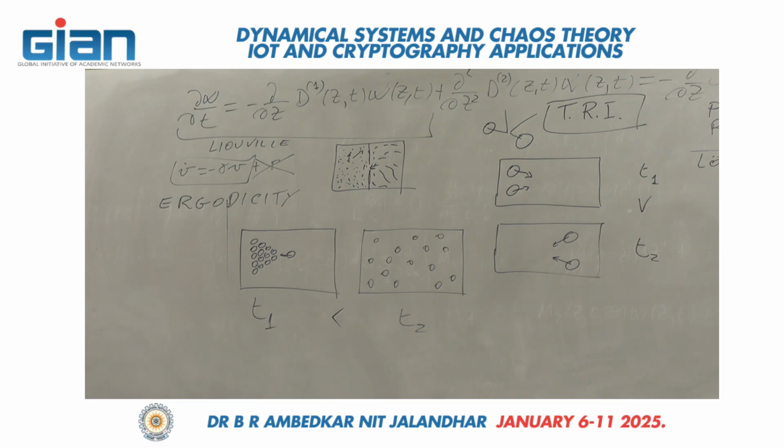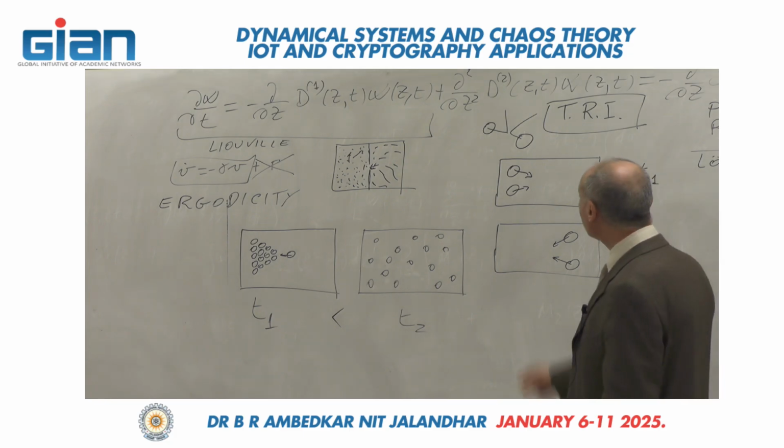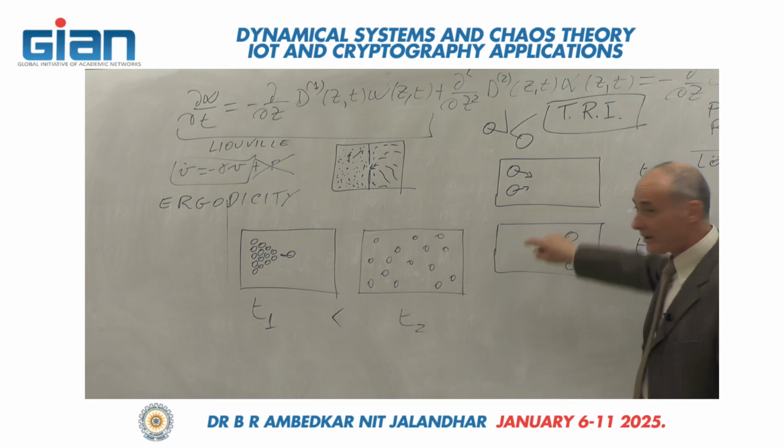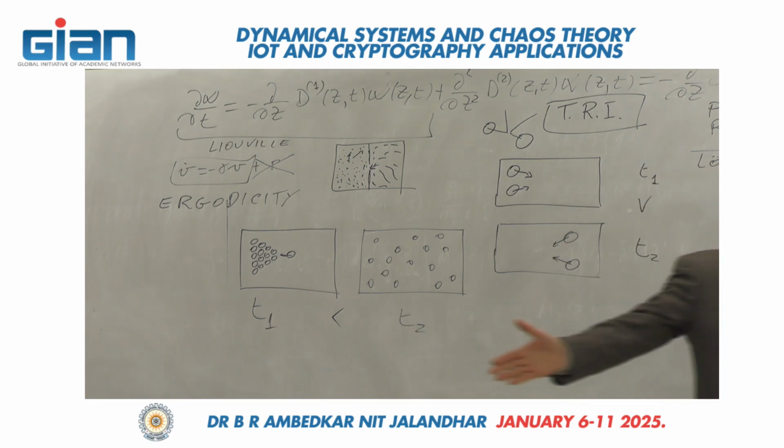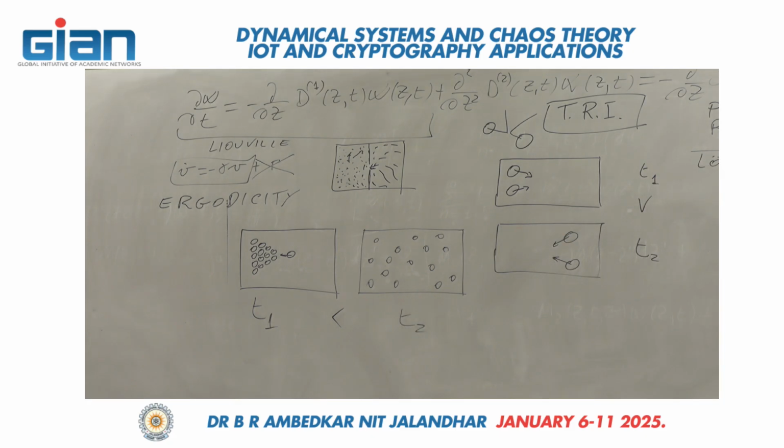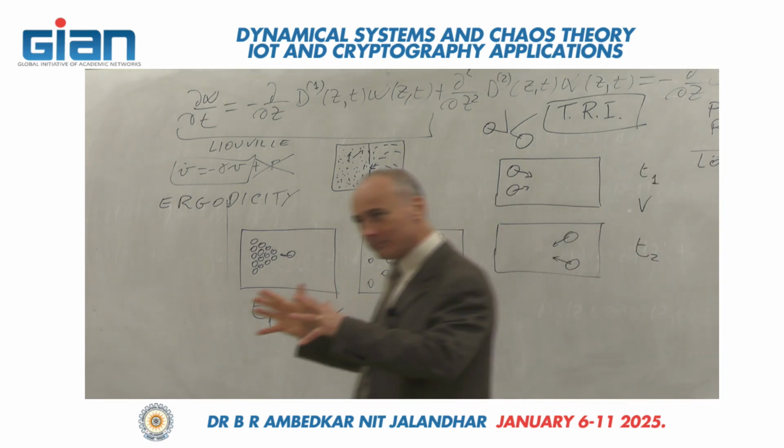These days, we can have heat going the opposite way. Why? Because we go down to small systems in which going forward or going backward in time makes no difference. Okay? So, this is to give you an idea of where we are.